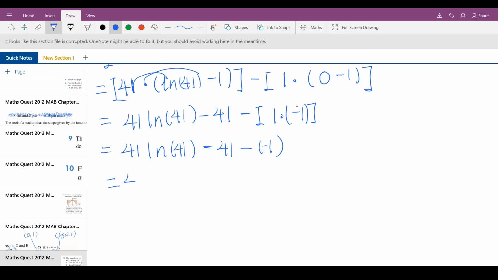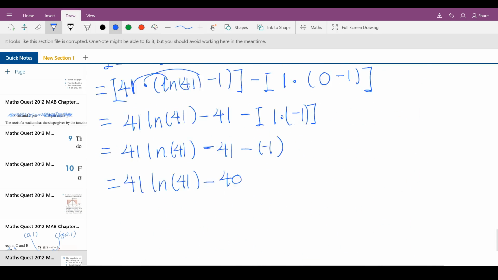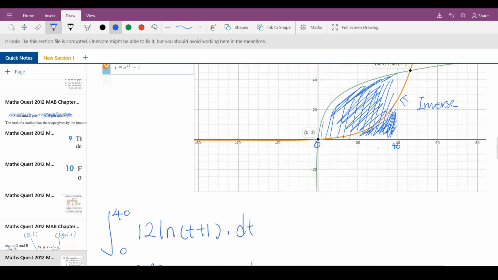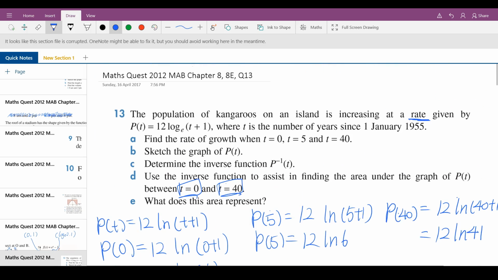And that would just give you 41 ln 41 minus 40, because negative 41 minus negative 1 is negative 40. So that is the area under the curve. That's the total area under the curve of the growth rate function.